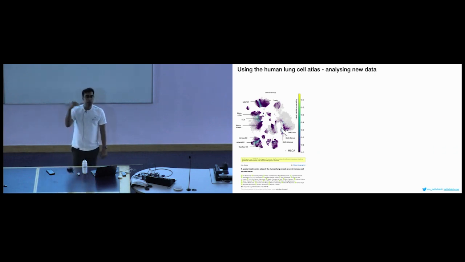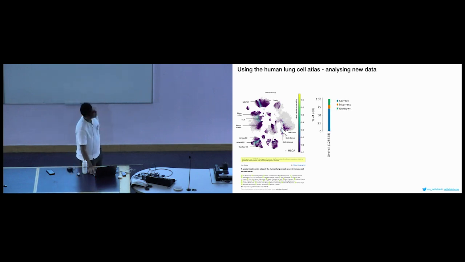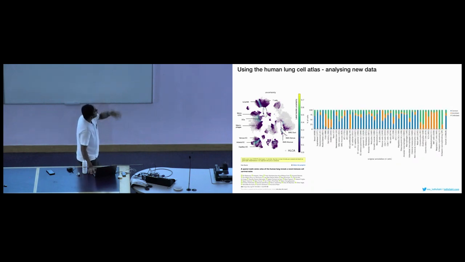What you see here is the projection of those uncertainty values for the cell type annotation predicted for the query data set. You see some regions that have high uncertainty. What they did was look at these uncertainty values to see whether they are calibrated and meaningful, meaning whether the cells with high uncertainty were actually wrongly annotated by the method.